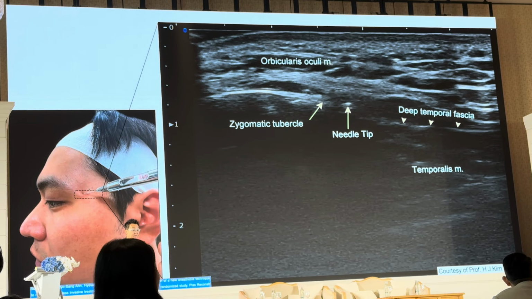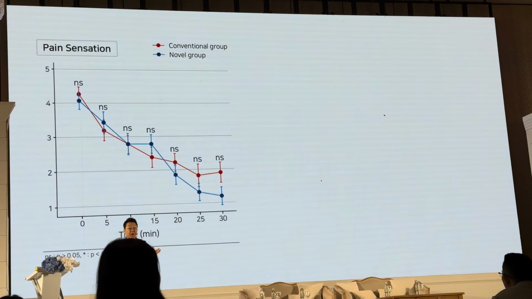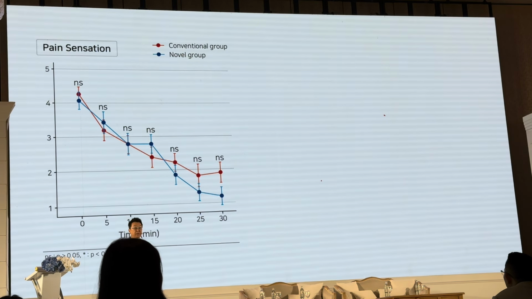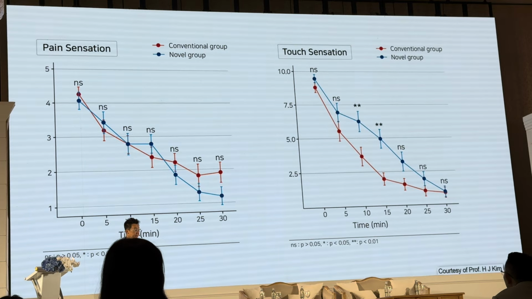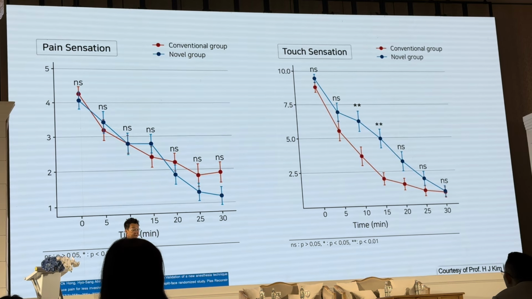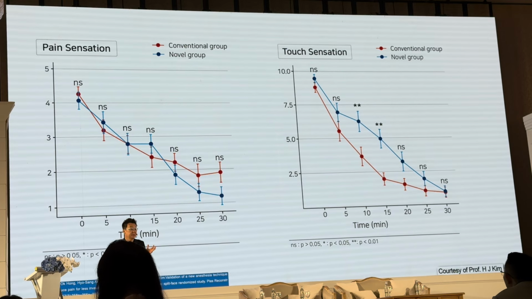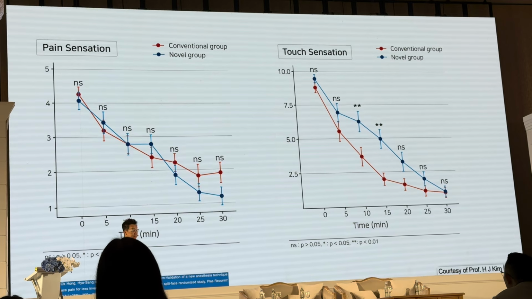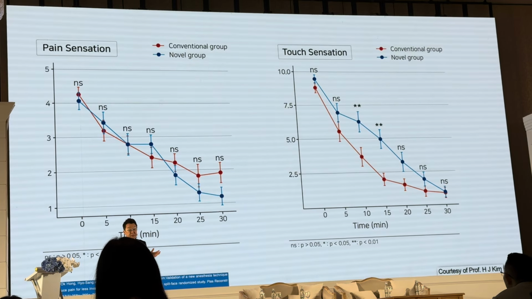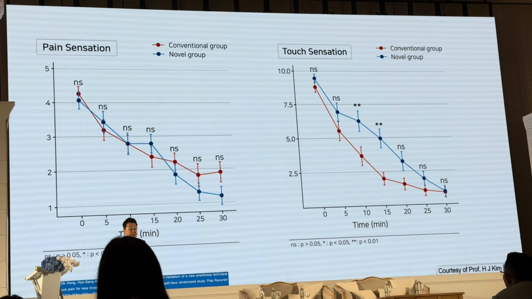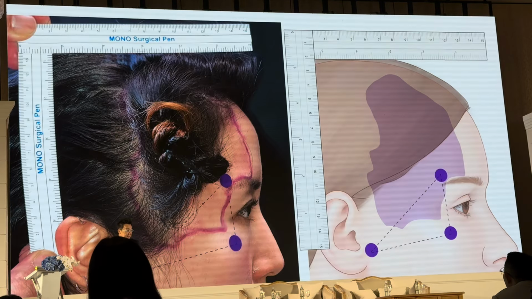Using a fine needle, we can inject a small volume of anesthetic solution and get a very nice effect, equal to the conventional technique. It is painless and gives a very nice anesthetic effect, because the pain sensation and touch sensation are almost the same as with the conventional technique.